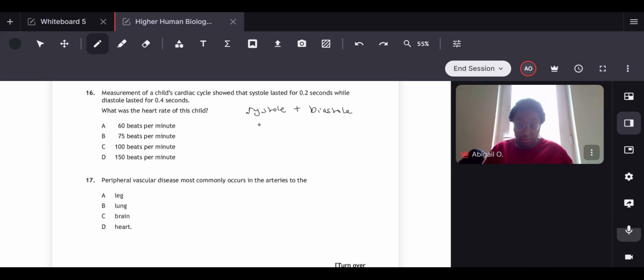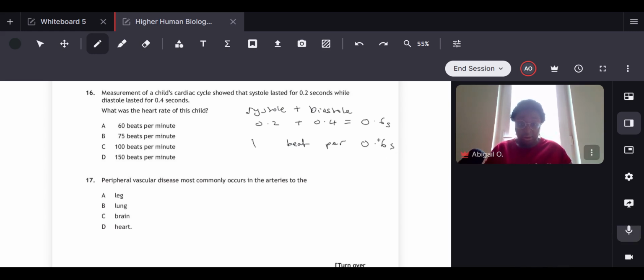Our systole was 0.2 seconds. Our diastole was 0.4 seconds. So the whole cycle was 0.6 seconds, which means we get 1 beat per 0.6 seconds. Now, how many beats are we going to get in a minute?